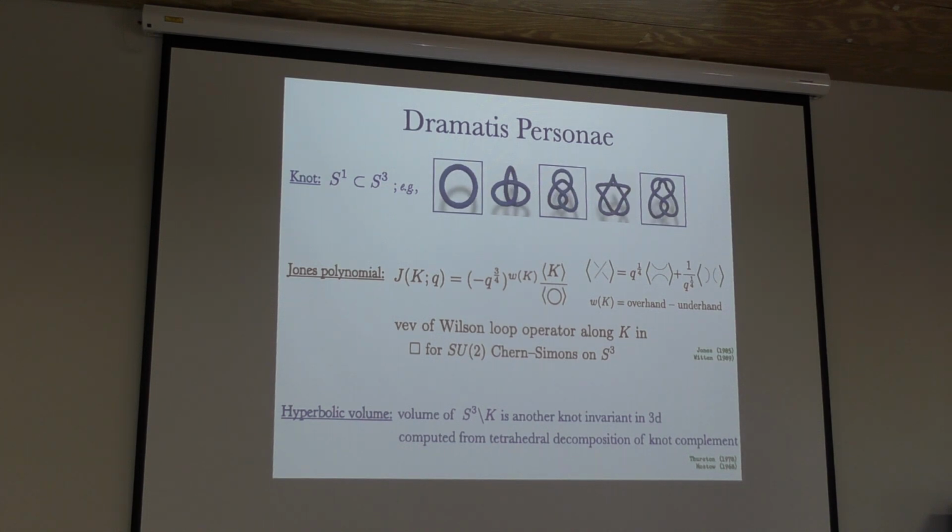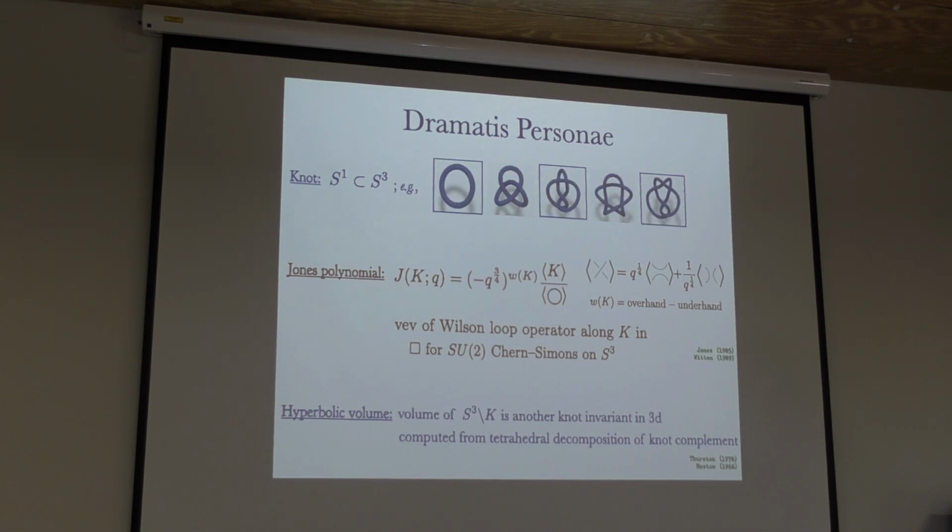Okay, so another knot invariant is the hyperbolic volume. So these knots in boxes are so-called hyperbolic knots. What this means is if you take a tubular neighborhood around the S1 embedded in S3 and subtract out the tubular neighborhood, this is called a knot complement. If that knot complement admits a metric with constant negative curvature, the knot is said to be hyperbolic, and the volume in that metric is a knot invariant.